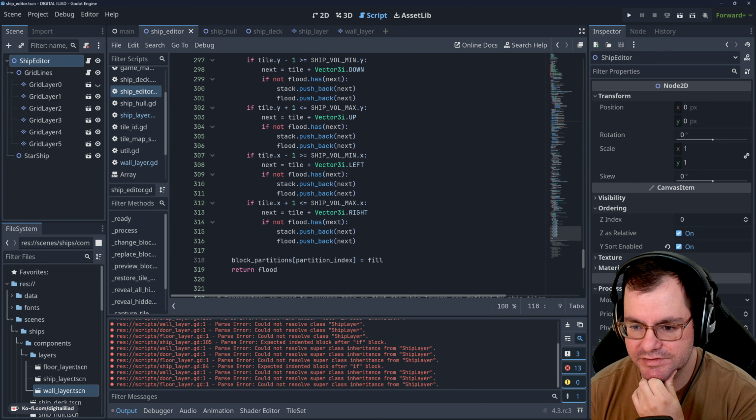So if you're a floor, and if your tile block is a wall, then instead of checking the above, you would just check there. Yeah, I think we do need to roll this out a little bit.